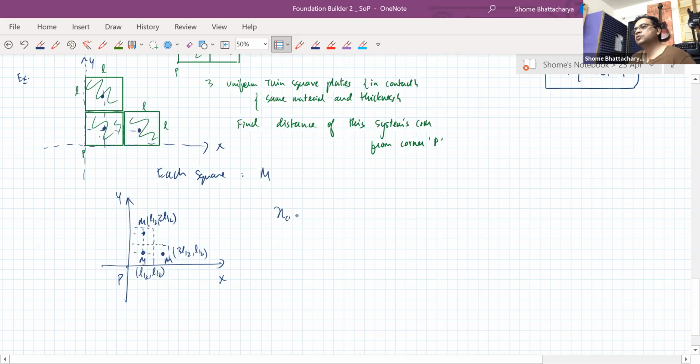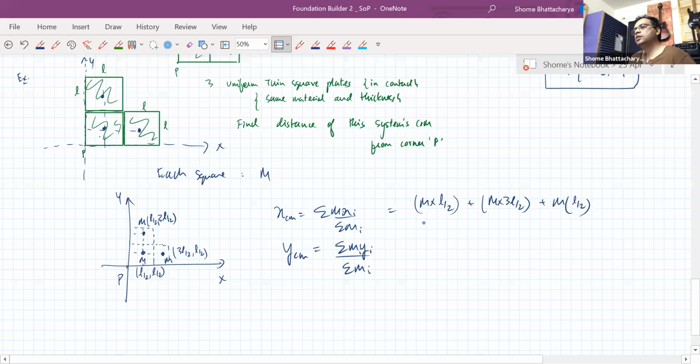So position of the center of mass of the 3-block system is summation mx divided by summation m, and this is summation my divided by summation m, like this. Okay. So this is becoming m into L by 2, plus let's take the one on top of it as the second one, so m into 3L by 2, plus m into the third one, again L by 2, divided by 3m.